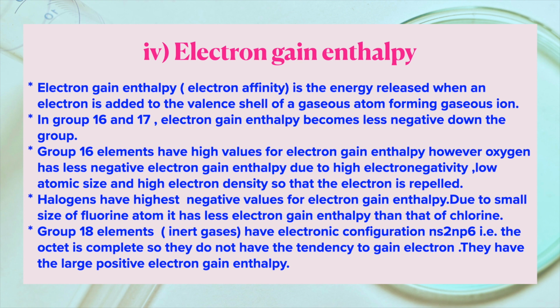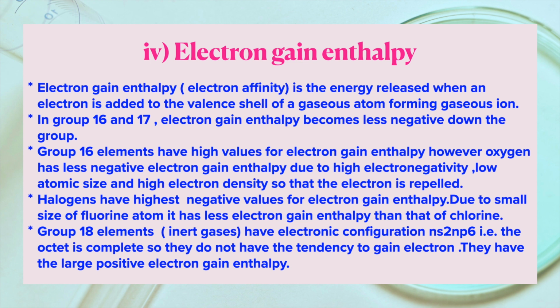In opposite to that, if an electron is added in the outermost shell, then energy will be released. So the energy is released when the electron is added to the valence shell, and this energy is always negative. Electron gain enthalpy is always negative. So electron gain enthalpy tells us the tendency of the atom to gain electrons.